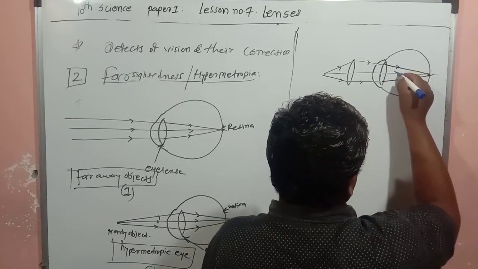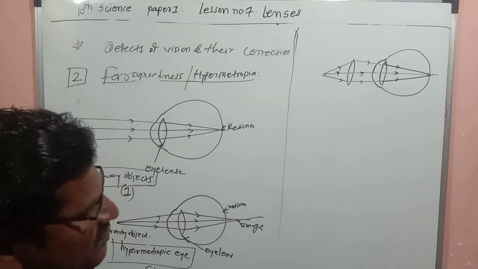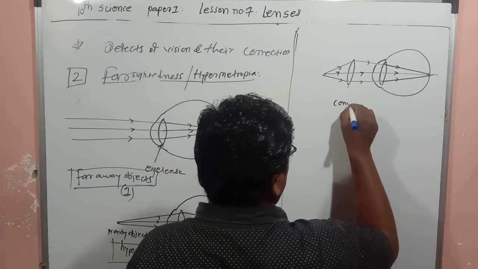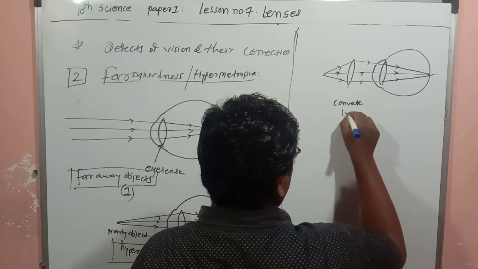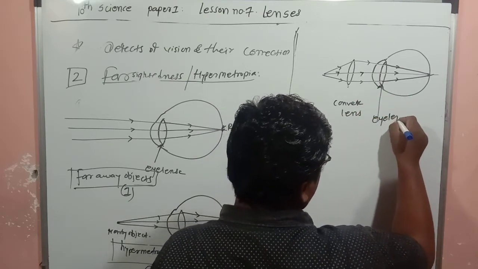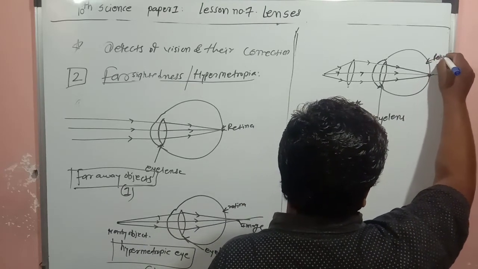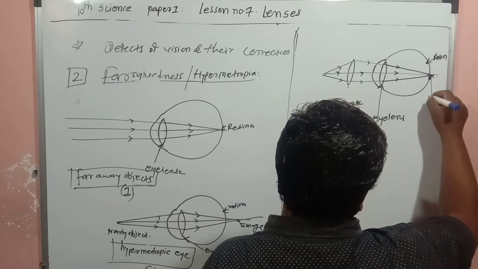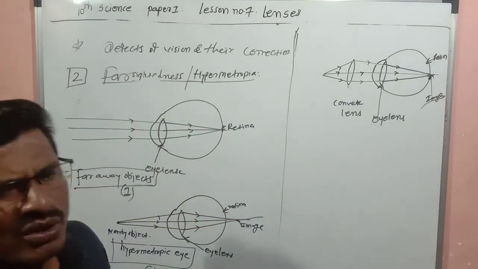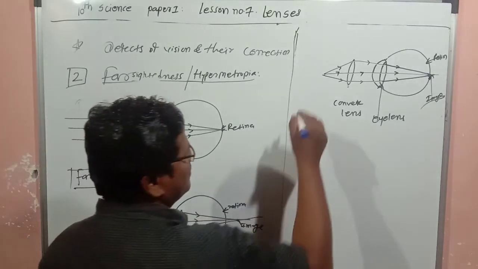So light rays are converged two times. Here is the convex lens, this is the eye lens, here will be the retina, and the image will be formed on the retina. This way you can correct the defect.